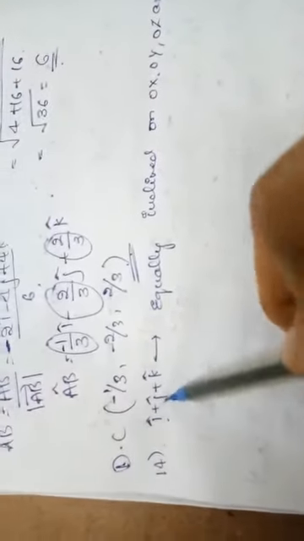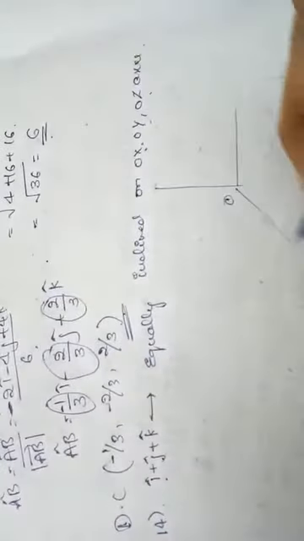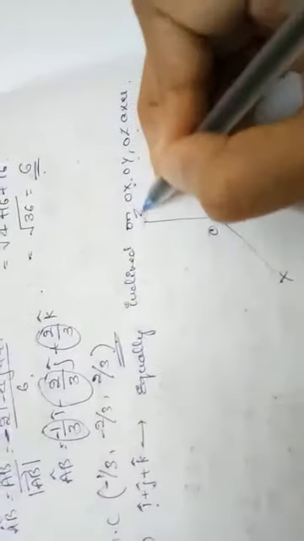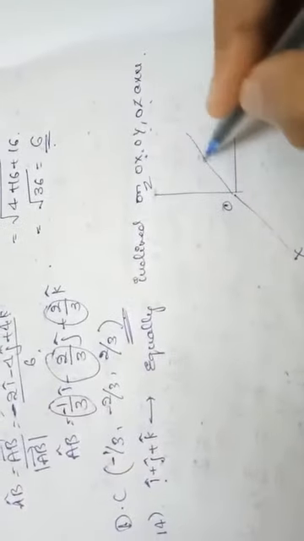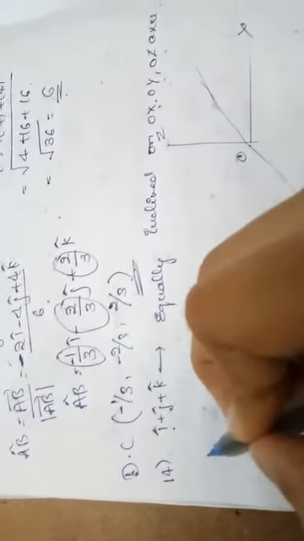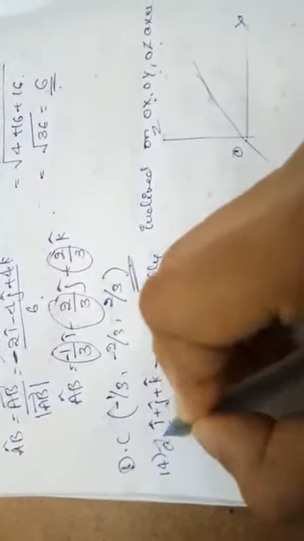The 14th question is that we need to show that this vector is equally inclined on the OX, OY and OZ axes.